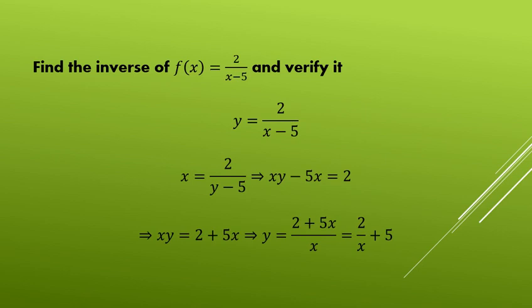And then lastly, to solve for y, I just divide both sides by x. So that gets me right here, which is the same as 2 over x plus 5. This is what I claim to be f inverse. We're going to verify this and see if that is indeed correct.